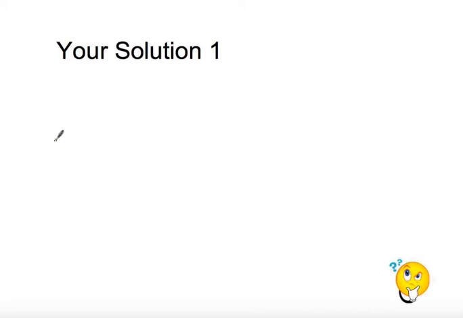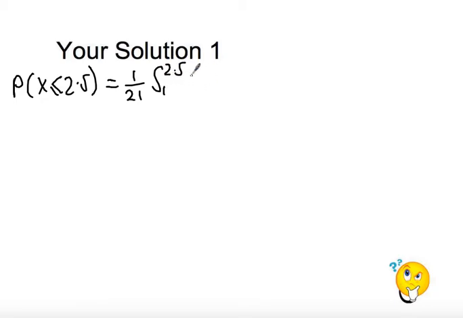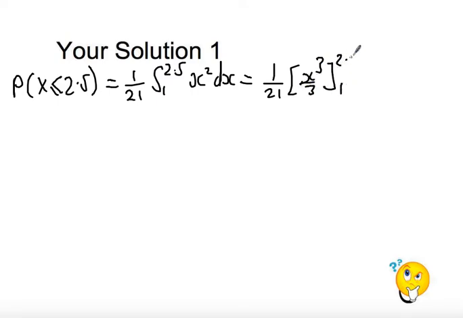Let's look at part B. Part B wants us to find the probability x is less than or equal to 2.5. So we're going to integrate from the lowest possible bound of our probability density function, which is 1, up to 2.5. So integrating x squared dx. We already know, of course, that this integrates to x cubed over 3. It's just that we're going to evaluate between 1 and 2.5.